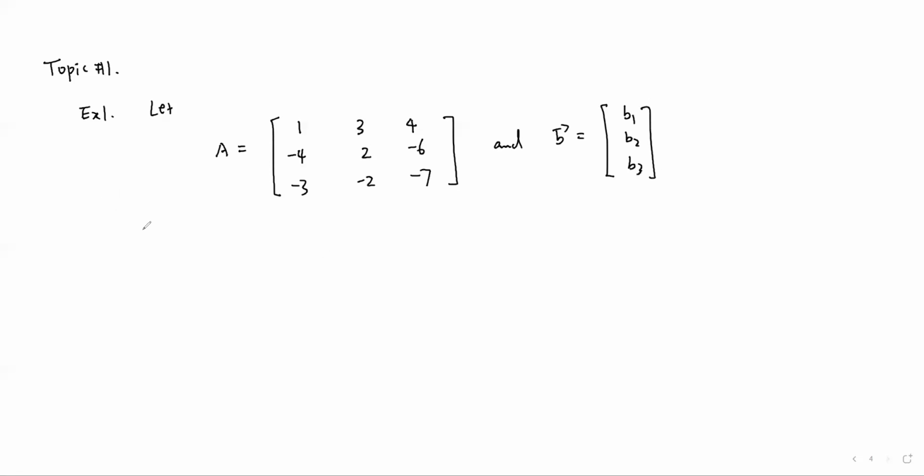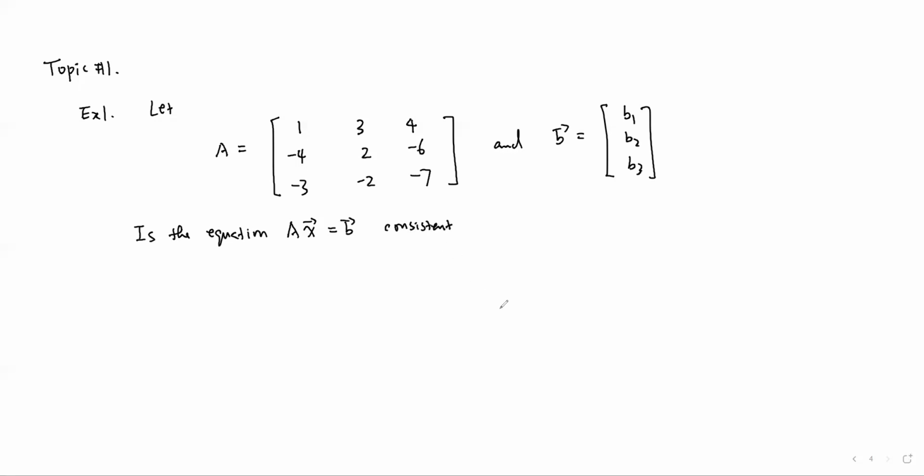Okay, now the question is: the equation A times X is equal to B, this is a linear system. Is the equation consistent?